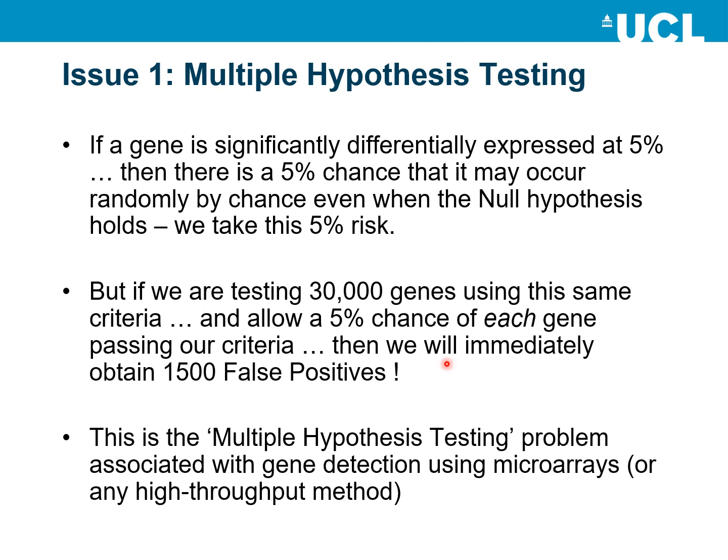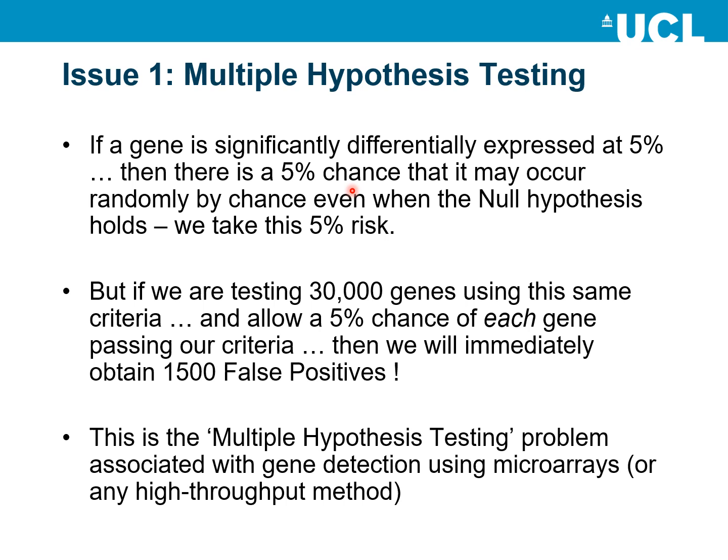So there are a number of issues with this type of hypothesis testing of many genes, and you're probably quite familiar with these. But issue number one, multiple hypothesis testing. If we have a gene which is significantly differentially expressed at a set alpha, or p threshold, of 0.05 or 5%, then what we're saying is that there's a 5% risk that we might detect this gene even though it isn't differentially expressed.